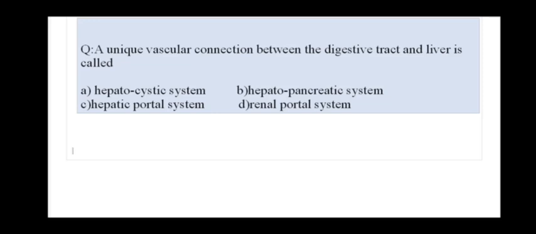If we see this about digestive tract and liver, just mark the common words written here: the digestive tract and the liver.